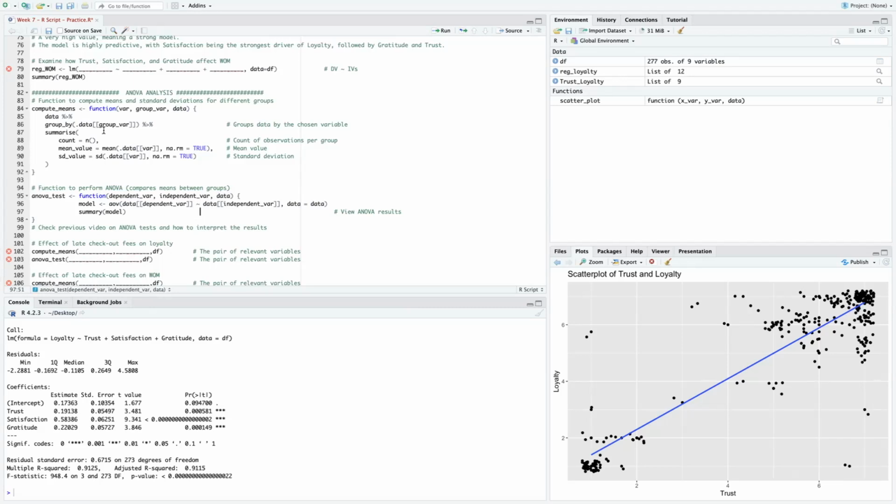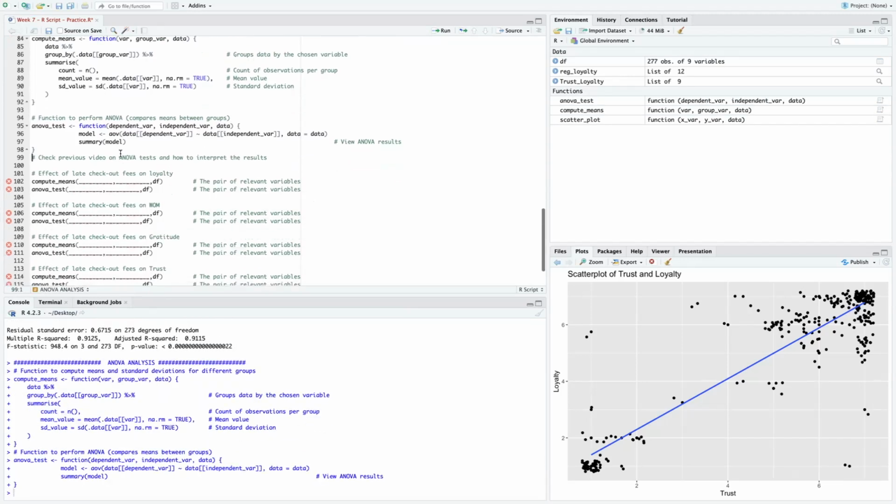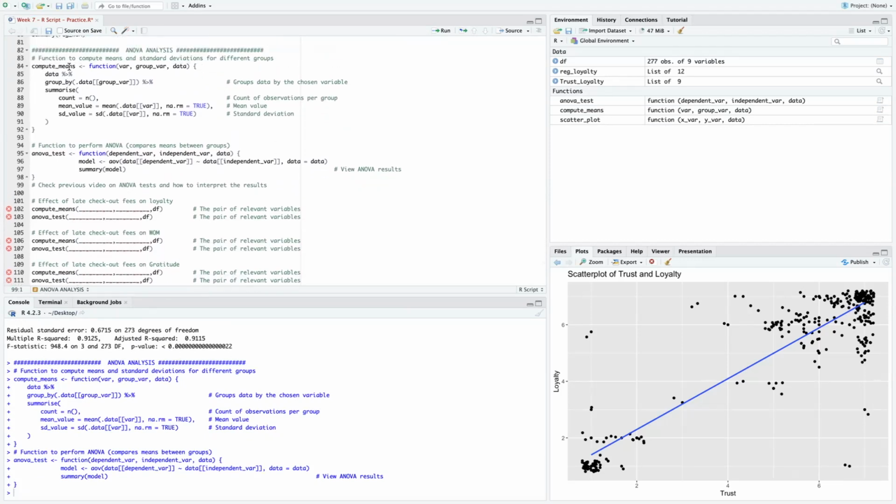Good. All right, so don't forget to run the general function. And after that, everything is easy, right? We already have the general functions for computing the mean and the ANOVA test. Now we just use these 2 general functions to check the relationship that we want.